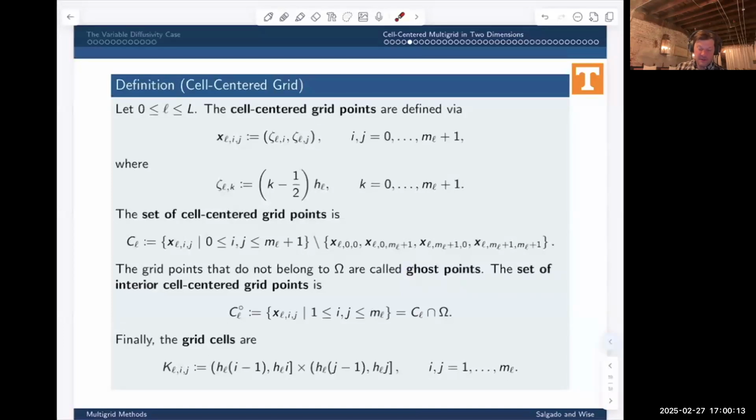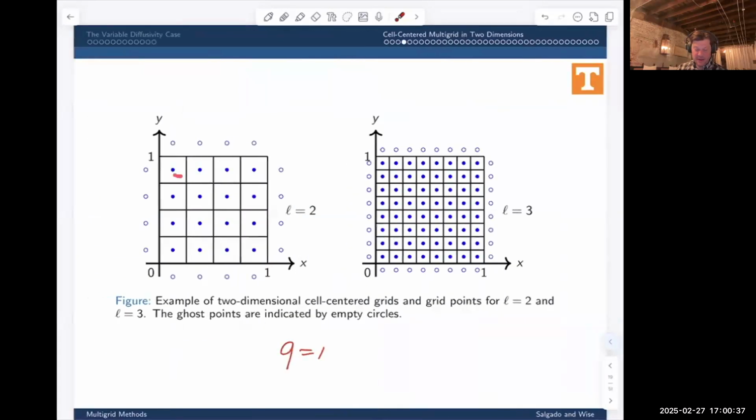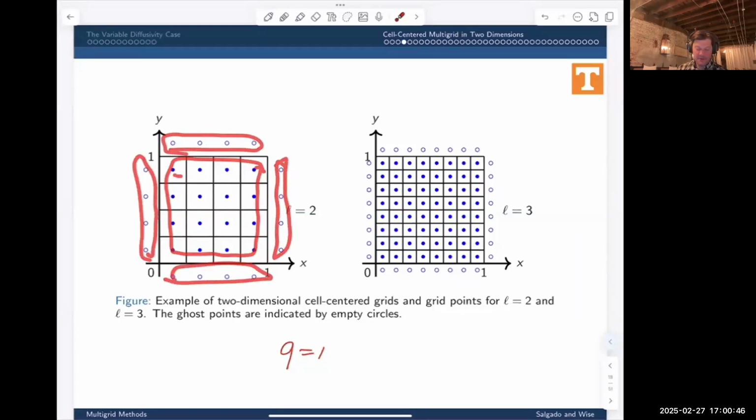So we're going to say that the vector point x_l,i,j is equal to (zeta_l,i, zeta_l,j), where zeta_l,k for any k is equal to (k minus a half) times h_l. So this is the same as the definition we had in one space dimension. Now the set of cell-centered grid points is going to be those sets of blue points that we have here, plus these points that you see out here, this collection of open circles. Those are called the ghost cells.